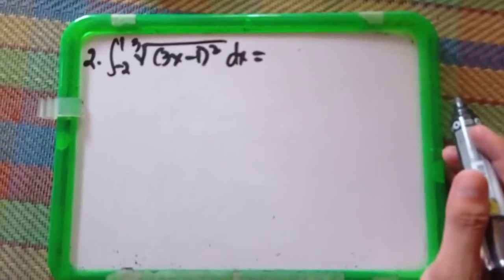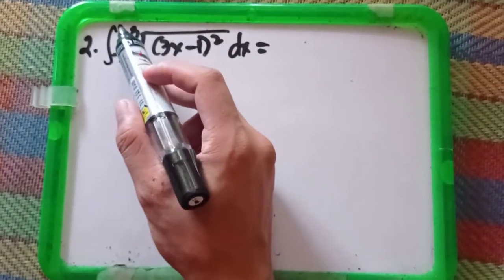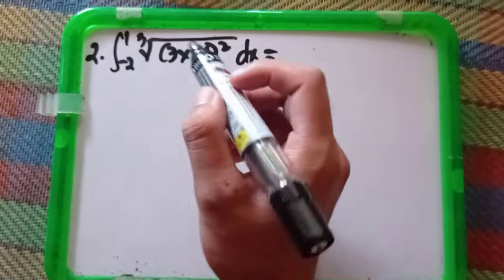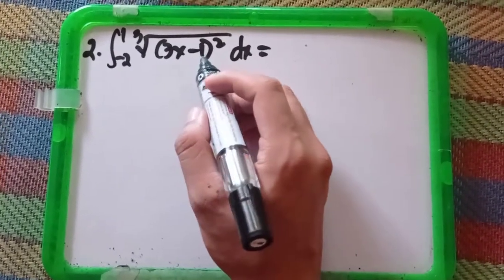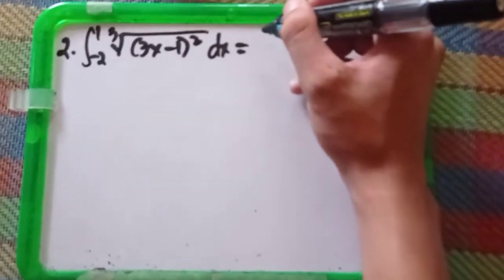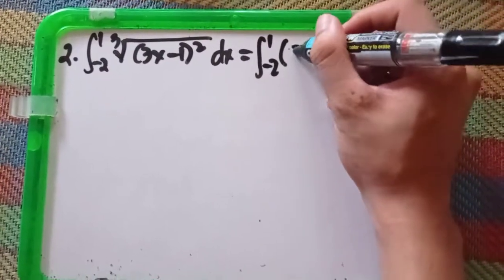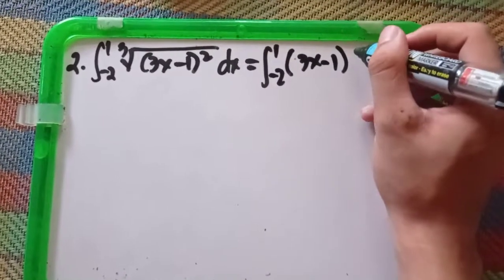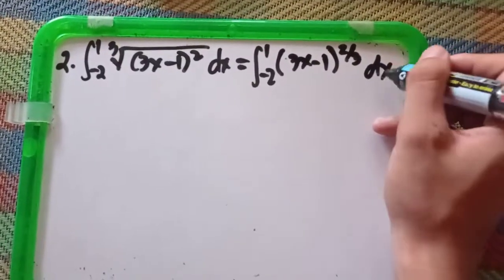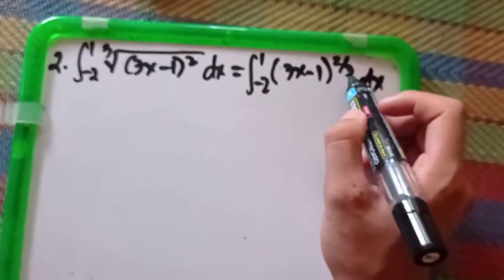So now here's our second function. So this will be integral upper boundary 1, lower boundary negative 2. Its integrand is cube root of 3x minus 1 quantity squared, or we can change this integrand to this, 3x minus 1 raised to 2 over 3 dx, since this is the index and this is the cube root.